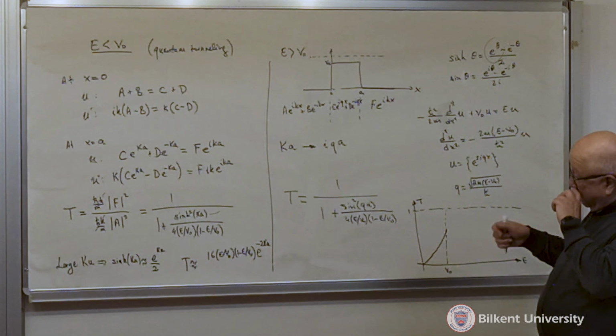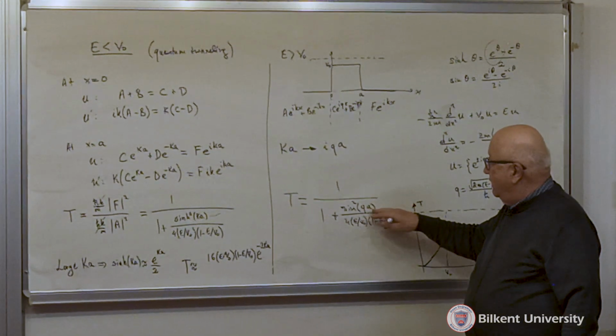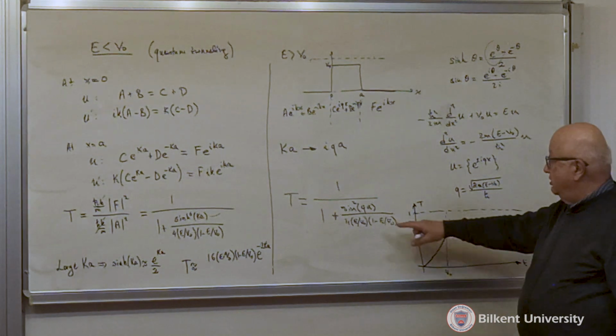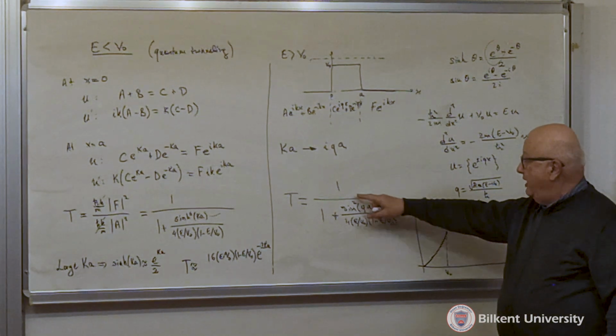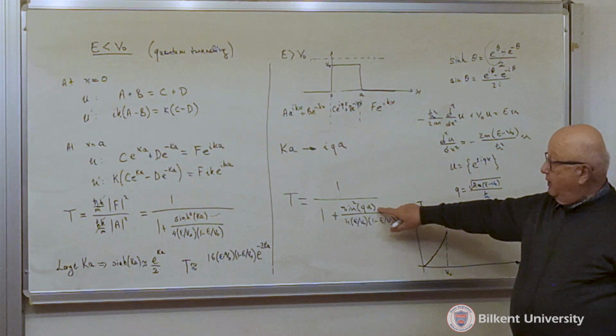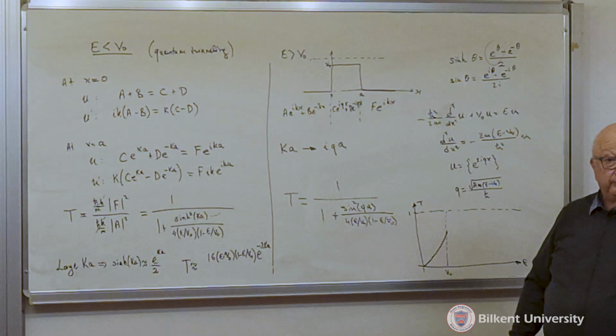But if I go over V0 now, I am going to get a dependence on energy which is sinusoidal. And at certain times, this term becomes 0. And when that term becomes 0, I am going to get transmission of 1.